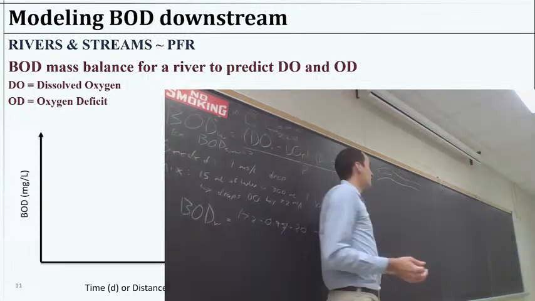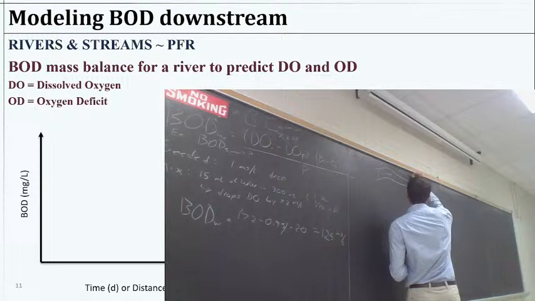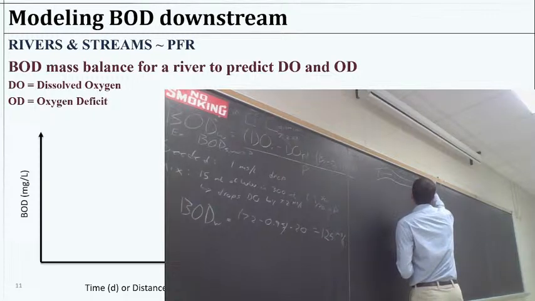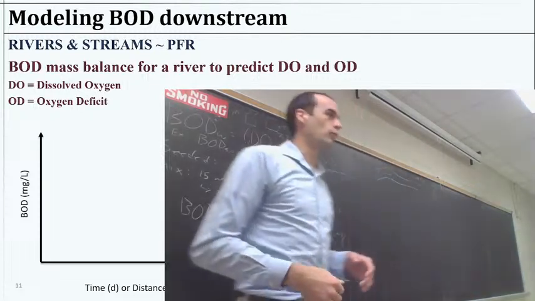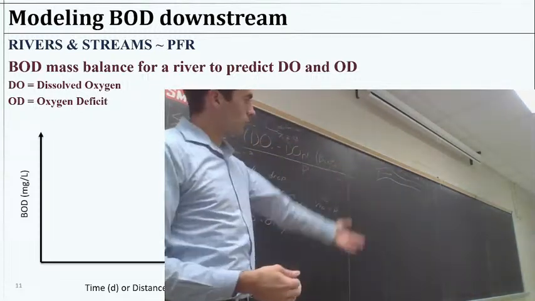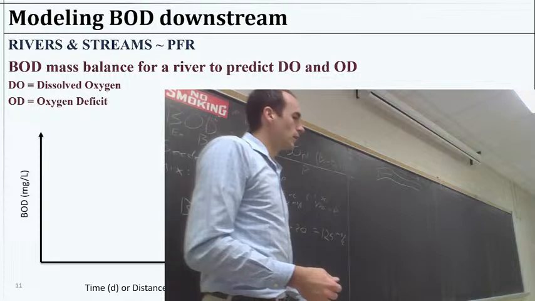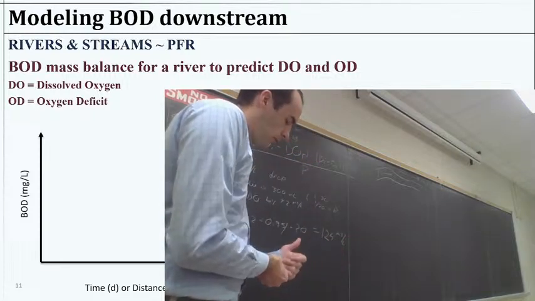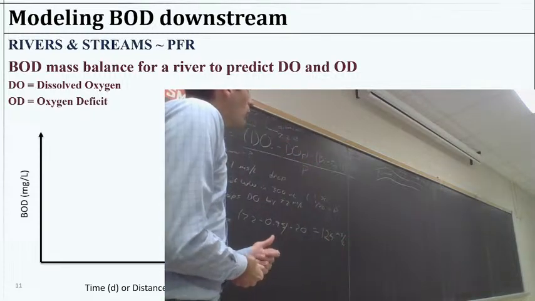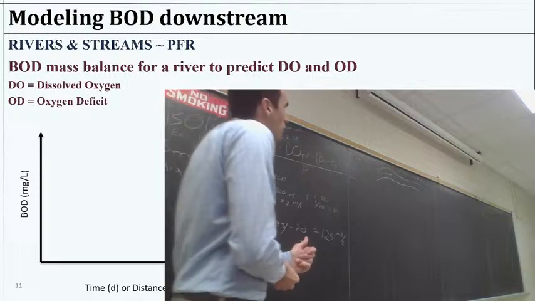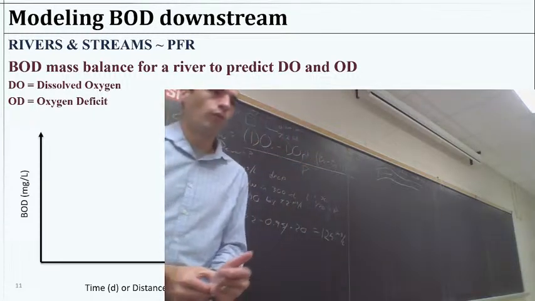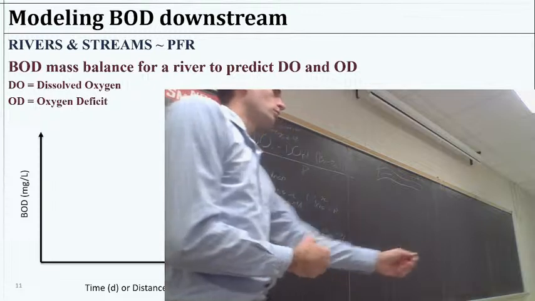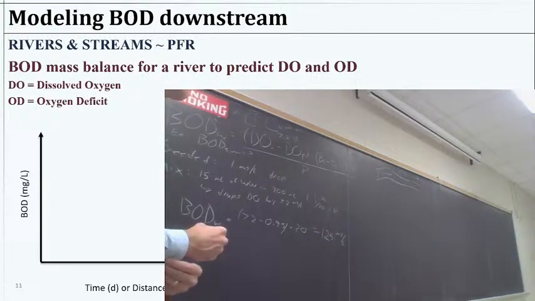So the length of time downstream is pretty much proportional to the distance. That'll be kind of convenient in case we want to know at what point downstream do we have a problem, when is the BOD going to be the lowest, for example, or where should we look for this wastewater discharge to really be an impact.